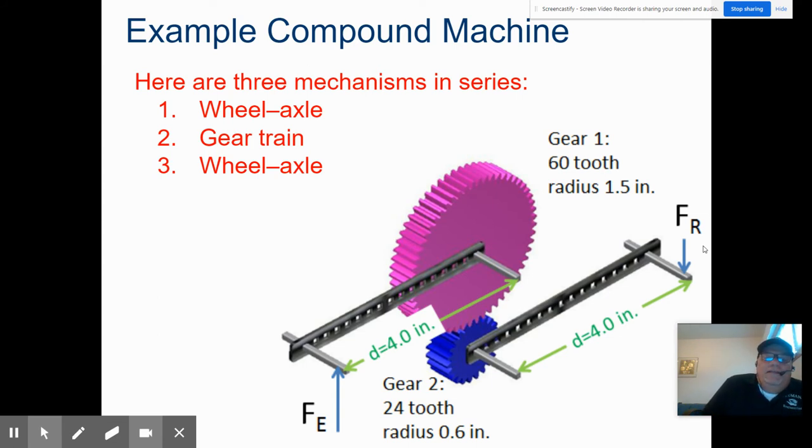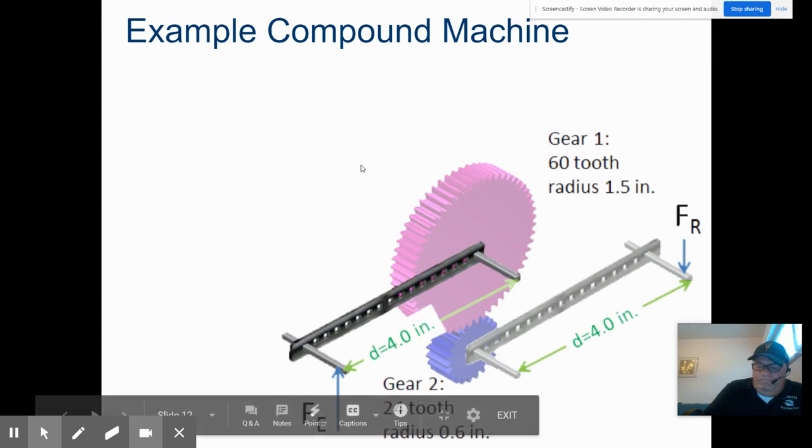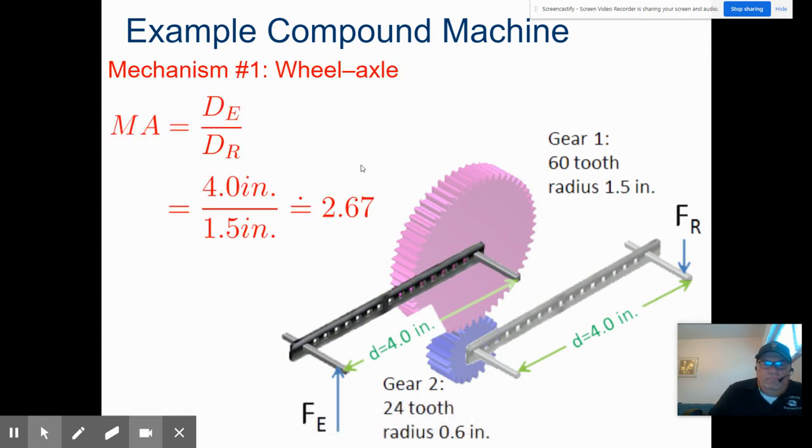Here are 3 mechanisms in series. You have your wheel and axle, your gear train, which is down here. If we go with the mechanical advantage of the wheel and axle, we have the distance of the effort, which is 4 inches.